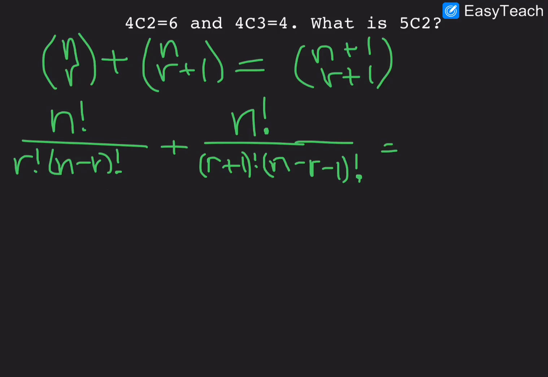And that's just equal to n plus 1 factorial over r plus 1 factorial times n minus r factorial. Okay, so what can we do with this?